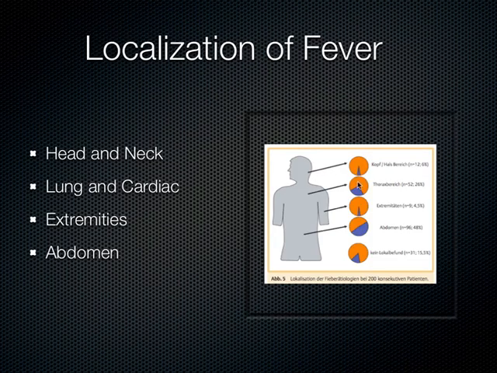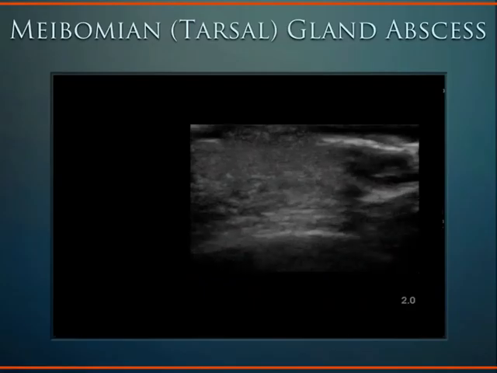Then they found the evidence in 26% of patients in the chest, lung or heart, and in the extremities about 4.5% of patients, and almost half the patients they found the information in the abdomen, and 15% of the patients had this. I have no idea what this means. So we're going to go through the head and neck, the lung, cardiac, extremities, and abdomen, searching for a fever. So we'll start at the head.